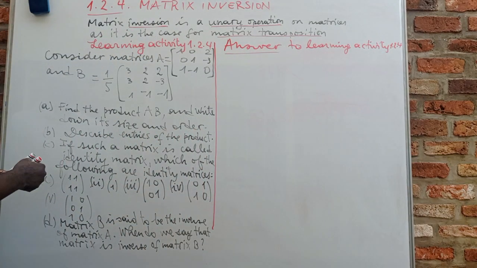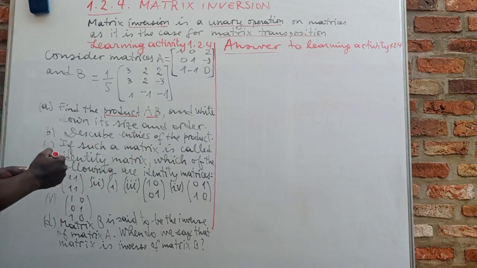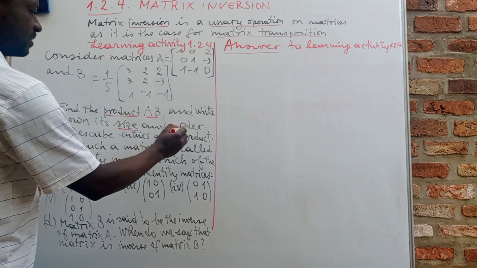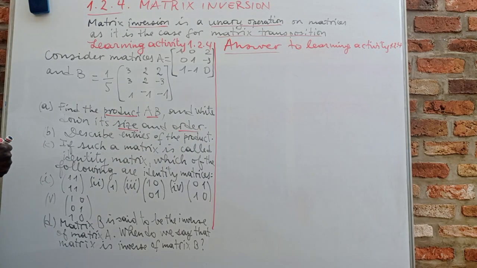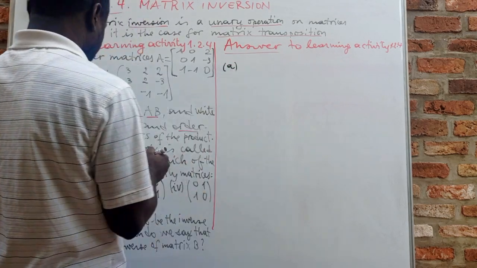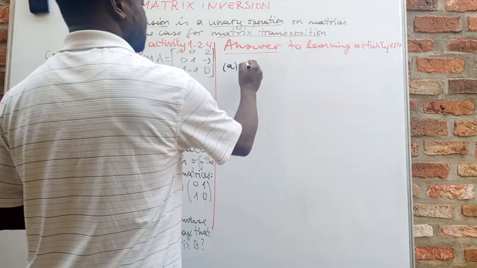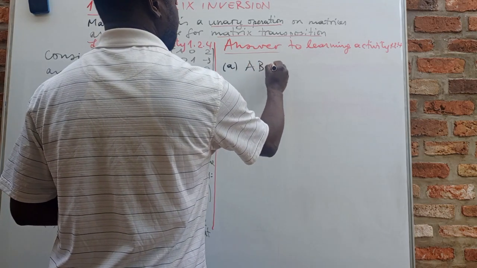We have two matrices, A and B. Now we want to find the product and write the size and order. So we want the product A times B.